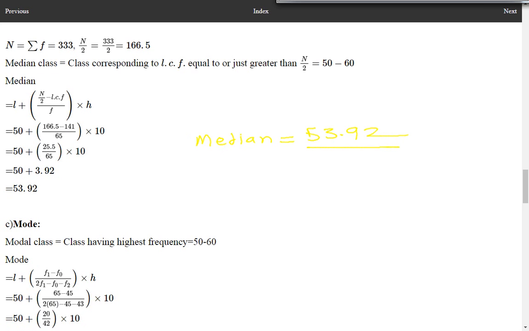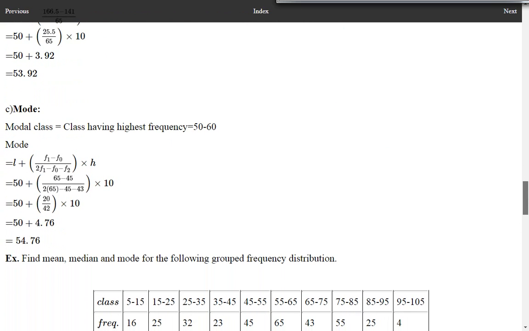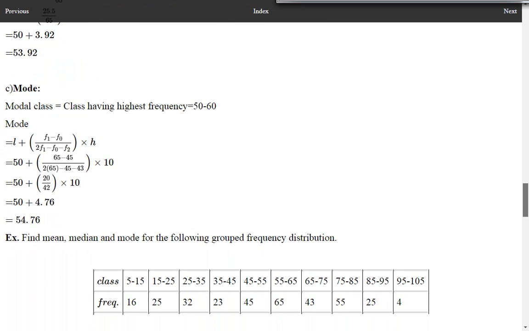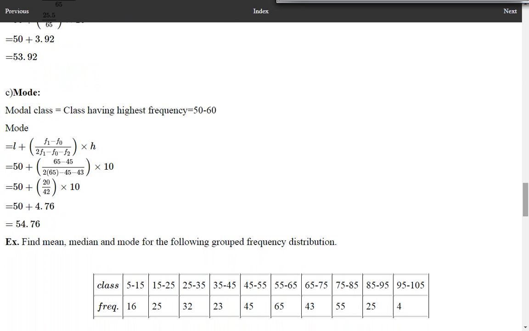Okay. Now mode. How to find mode? In order to find mode, first we have to obtain the modal class. We have to identify the modal class. So what is the modal class? It is the class having the highest frequency.